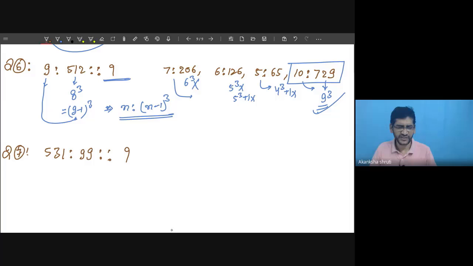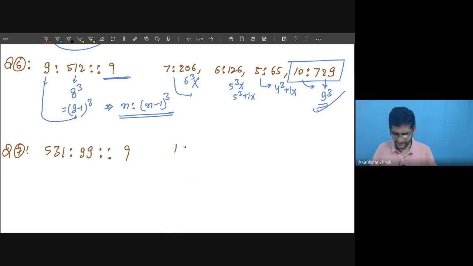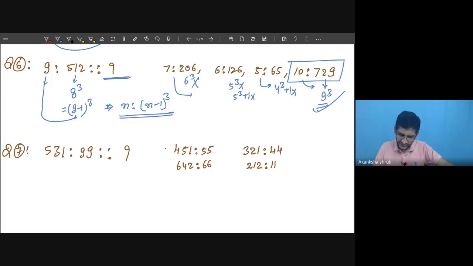The given options are 451 is to 55, the other one is 321 is to 44, the other one is 642 is to 66, the other one is 212 is to 11. Yes, tell me. Which of these pairs is similar to this?